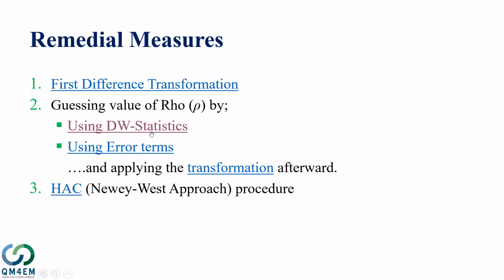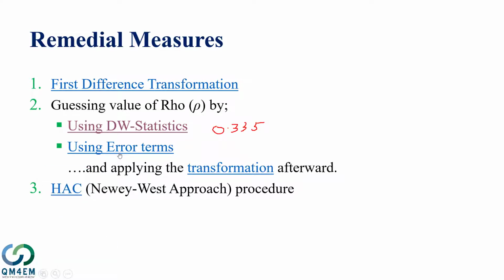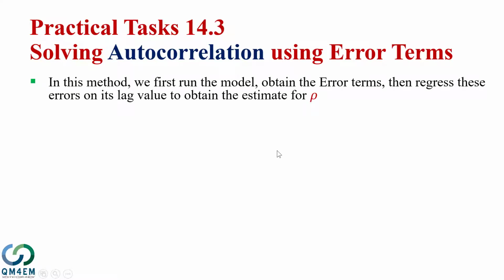We already had the Durbin-Watson d-statistic value from the first method. Now I'm going to use the second method, using the error terms to obtain the value of rho. So how can I do that? I go again to a new task. Now it's task 14.3, solving autocorrelation using error terms.